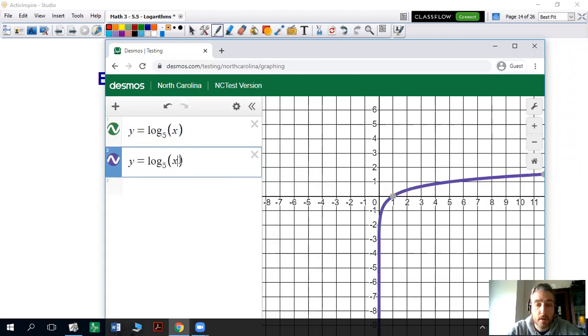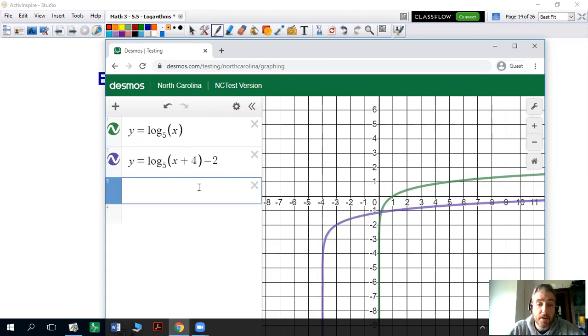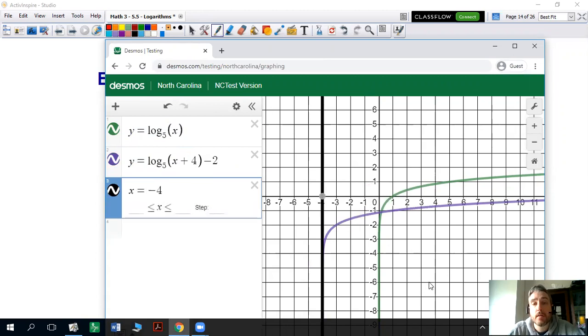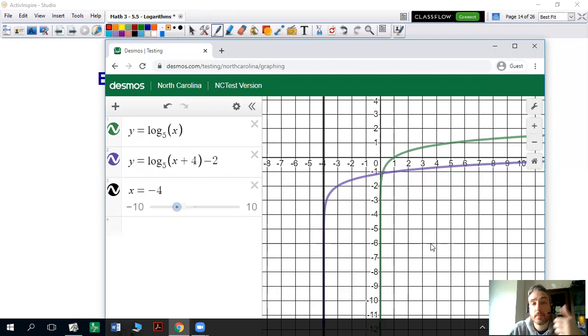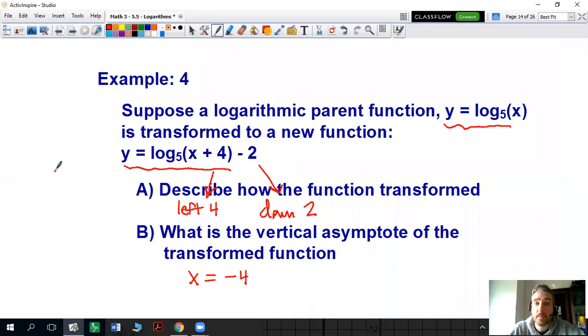So I'll say +4, and you can see that moved it left 4, and then -2 shifted it down 2. So +4, left 4, down 2, and then your vertical asymptote is x equals -4. Left 4, down 2, x equals -4.